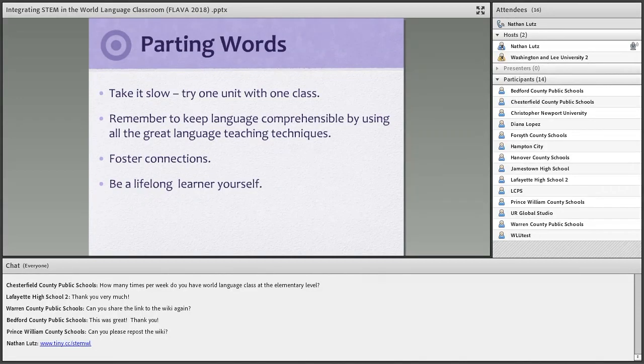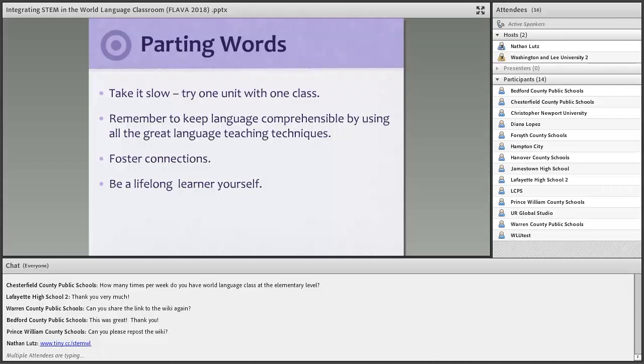So before we end, I would just like to leave you with some parting words. These are really the parting words that I give to teachers embarking on anything really. The first is take it slowly. Try one unit with one class and see what it's like. See what the student experience is like, see what your experience is like as the educator in charge, and refine.